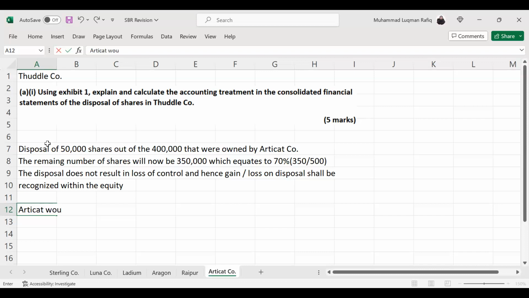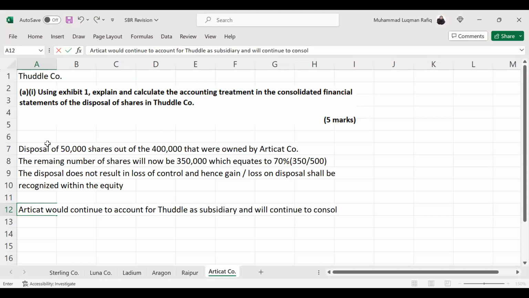Articut would continue to account for the investee as a subsidiary and will continue to consolidate it in its financial statements and in its consolidated financial statement.